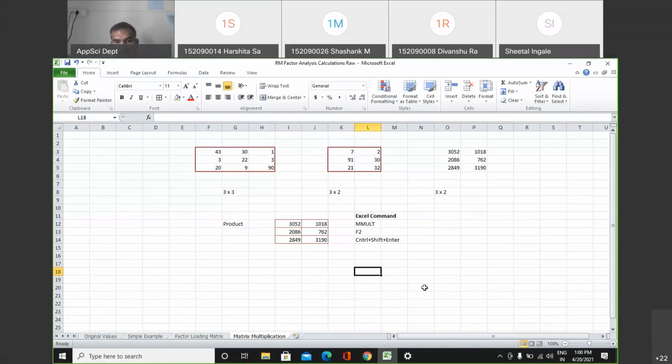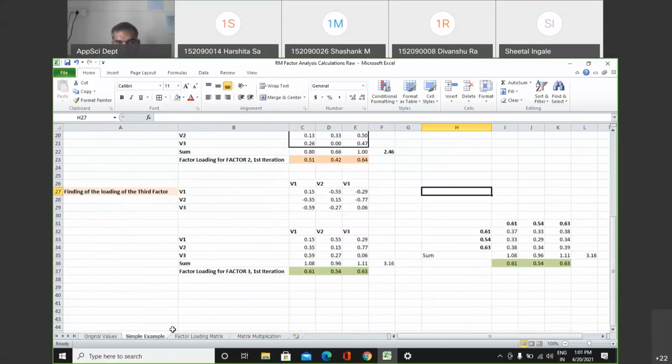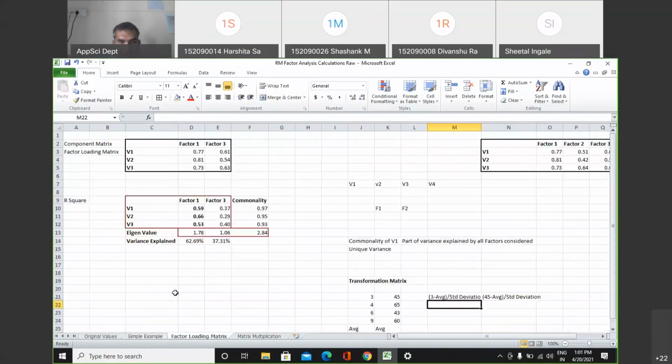Although factor analysis and regression are different, we can say that variable v1 is explained this much by factor 1 and this much by factor 3. So including factor 1 and factor 3, we can sort of make a regression equation to explain variable 1.